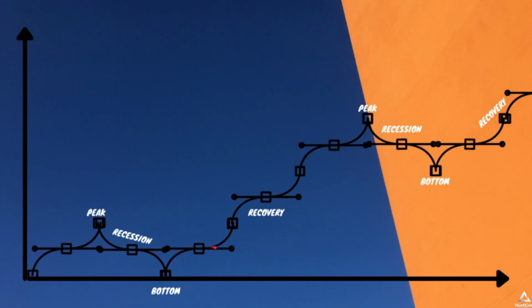And then maybe prices may begin to reclimb back to the upside where we see a market recovery. And the cycle continues until we see a new peak and then a new fall, new recession, new downtrend to a new bottom, and then possibly a new recovery and uptrend to the upside. And this cycle will continue back and forth.